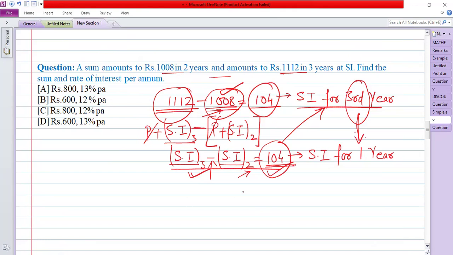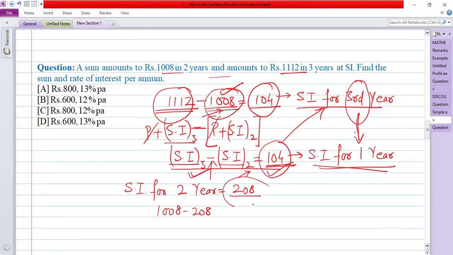So if 104 is the simple interest for 1 year, then the simple interest for 2 years will be nothing but 208. And if I remove this 208 from this 1008, then obviously I will get the principal amount.